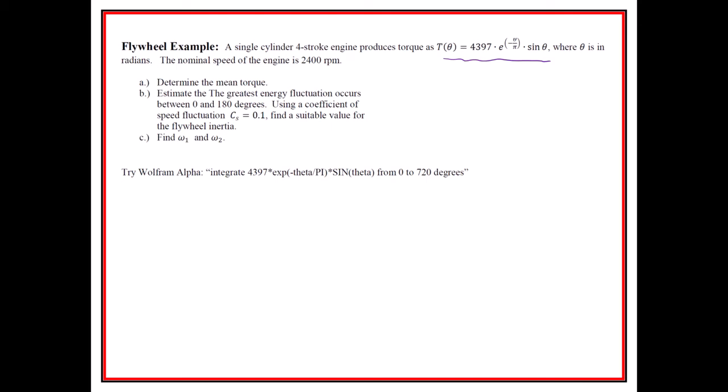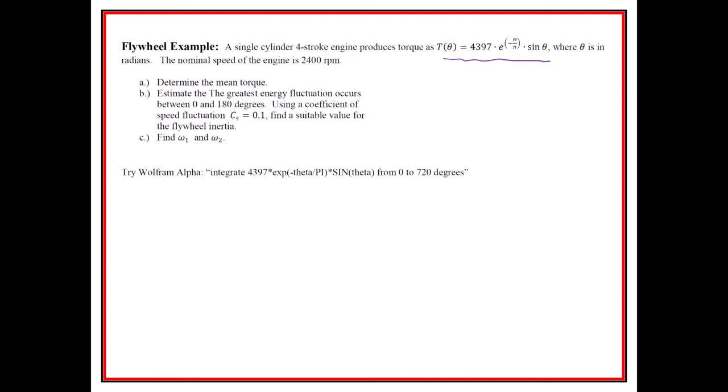We'll take a look and see what that actually looks like, where theta is in radians and the nominal speed is 2,400 RPM. When I determine that mean torque, estimate where the greatest energy fluctuation occurs. Estimate the greatest energy fluctuation between 0 and 180 degrees using a coefficient of speed fluctuation of 0.1.